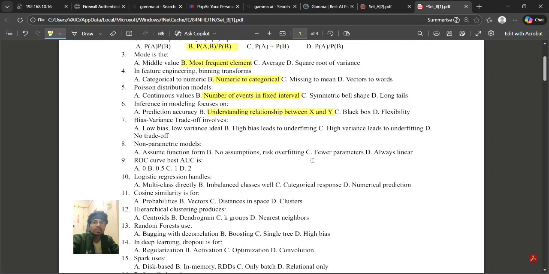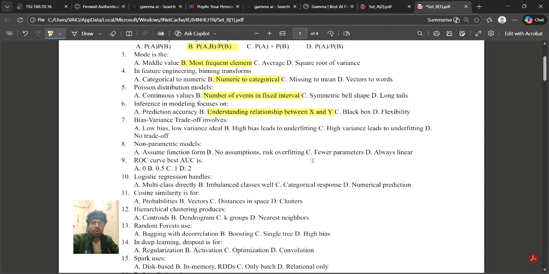Now go to question number 7. It covers the bias-variance trade-off. High bias leads to underfitting, which is when your model is too simple and misses important patterns. Think of fitting a straight line to curved data. High variance leads to overfitting, not underfitting.